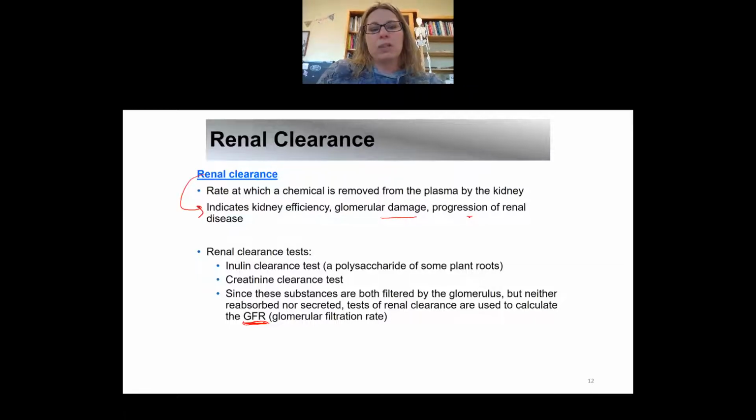And so to test renal clearance, there's a couple of different ways you can do it. There's inulin, not insulin, which is a hormone that regulates blood sugar. Inulin is basically a carbohydrate that is neither reabsorbed nor secreted by the tubules.